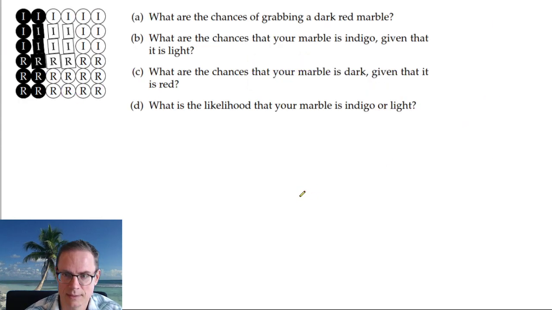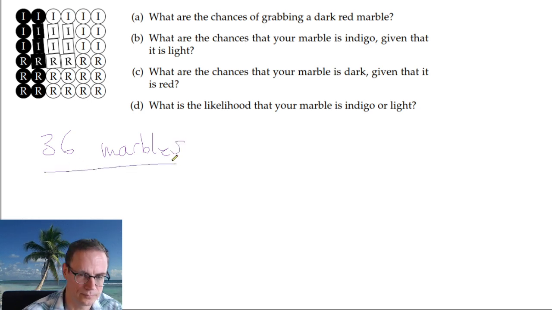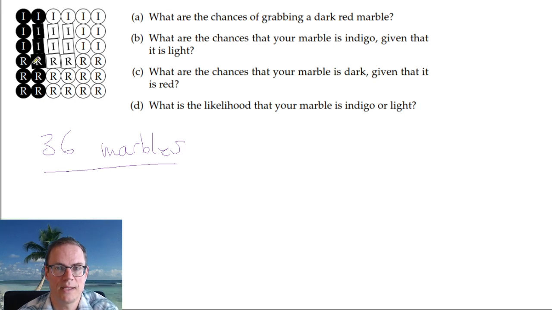Here are some examples. Here we have 36 marbles, okay? And there's an event going to take place of you grabbing a marble. And we can think about this space in terms of set theory. This is a probability space with 36 equally likely most specific outcomes.